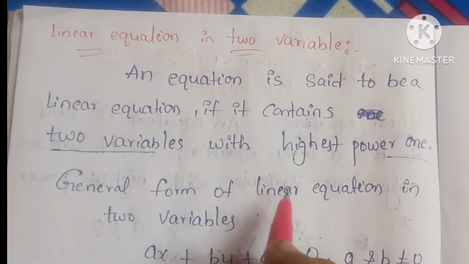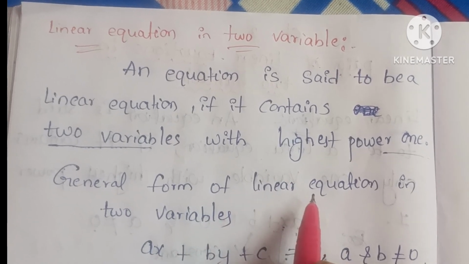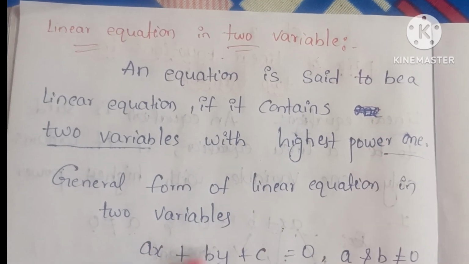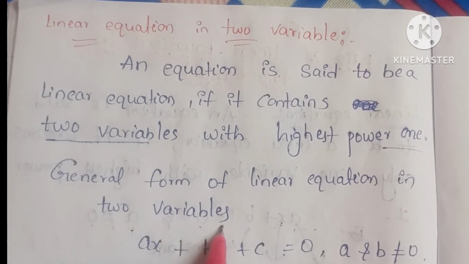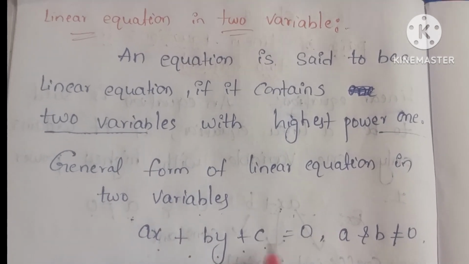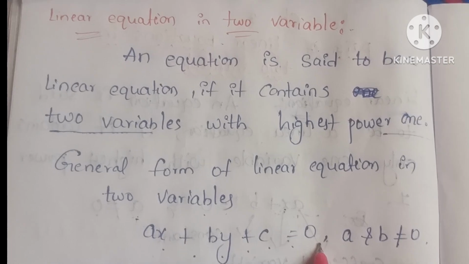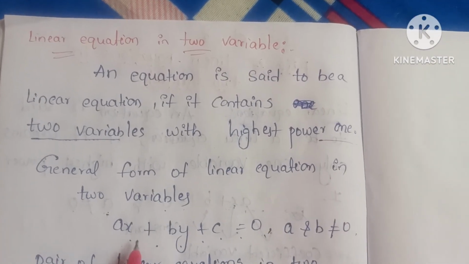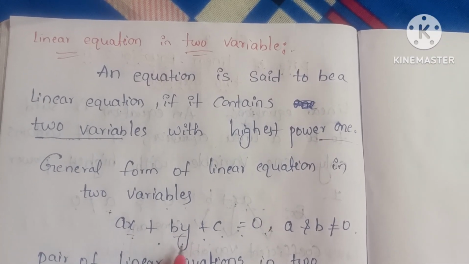What is the general form for two variables? The general form of linear equations in two variables is ax plus by plus c equals 0. Here, what are the two variables? x and y.